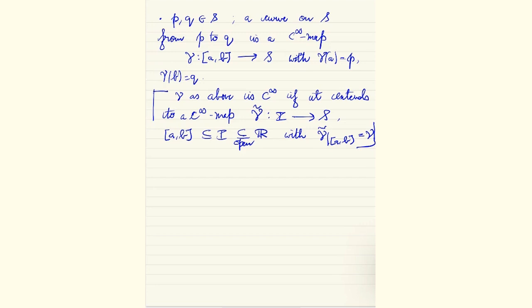Because the smooth extensions are not unique, you can't simply define that the derivative of gamma is the same as the derivative of gamma tilde, because I could take another extension gamma double tilde, and then its derivative at these points may be different.